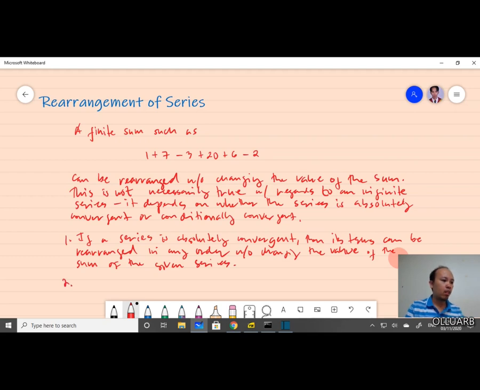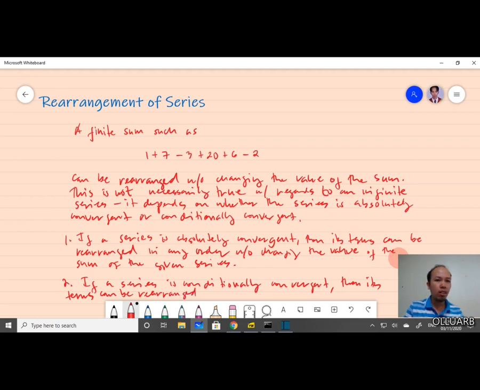Okay, if a series, this is for the conditionally convergent, if a series is conditionally convergent, then its terms can be rearranged to give a different sum.